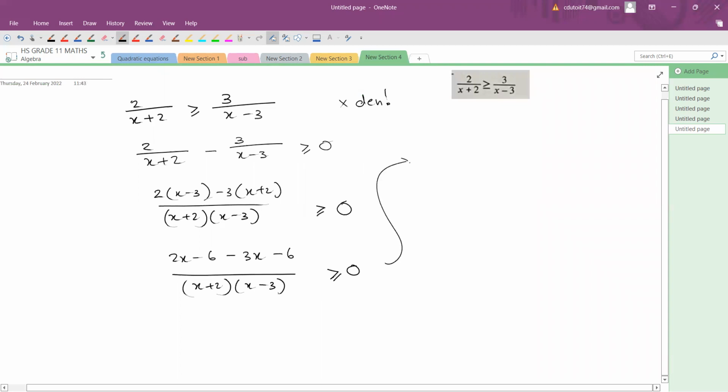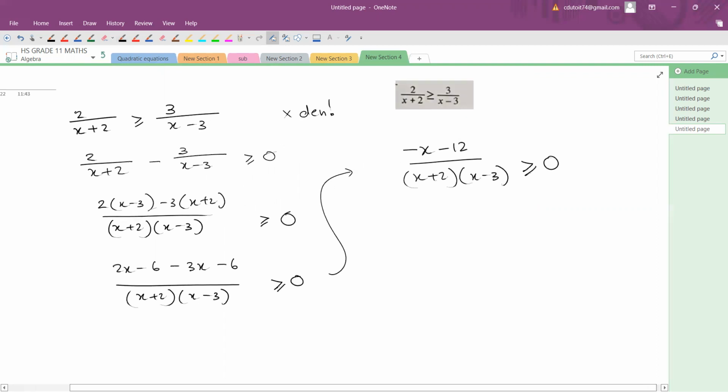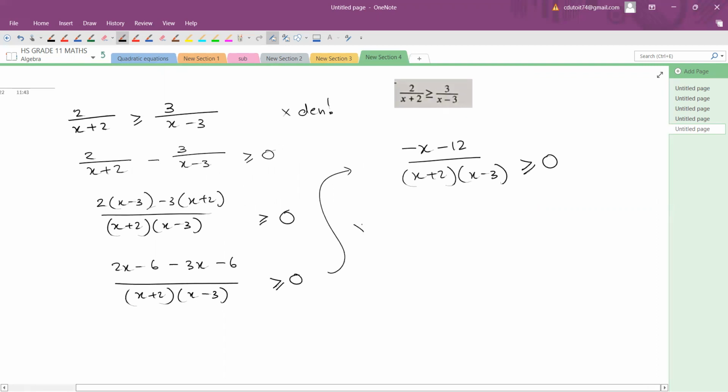Right, so let's just continue there. That is negative x, negative 12 over x plus 2, x minus 3, and that is larger or equal than 0. I don't like that negative x, negative 12, so I'm going to multiply with negative 1 throughout. Then I get x plus 12 on top. Is that right?